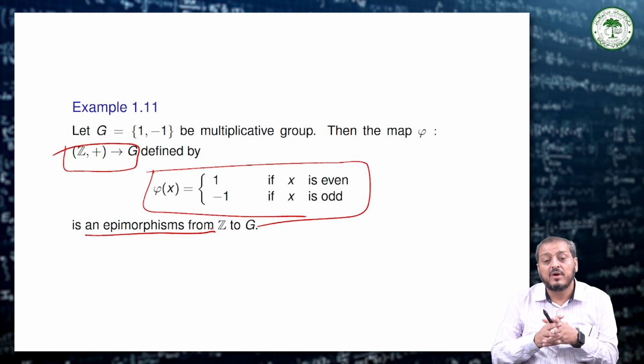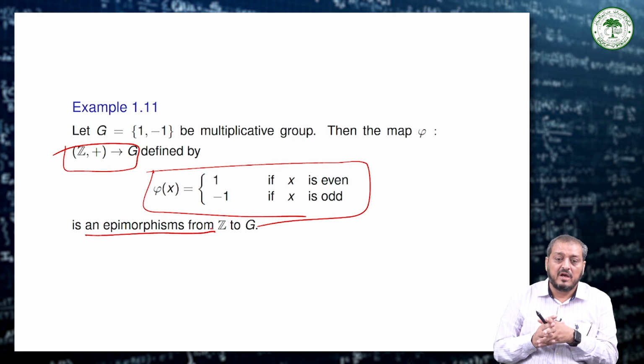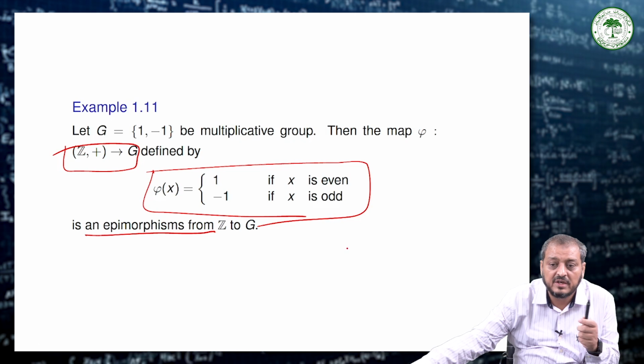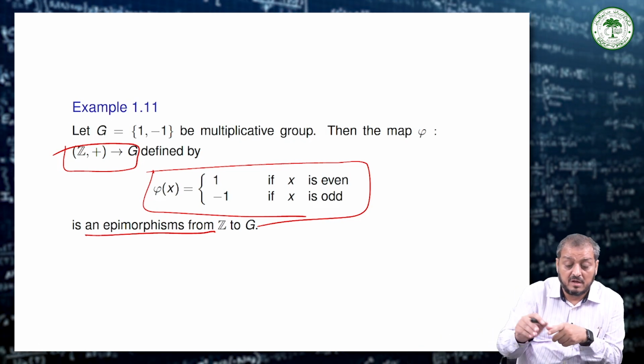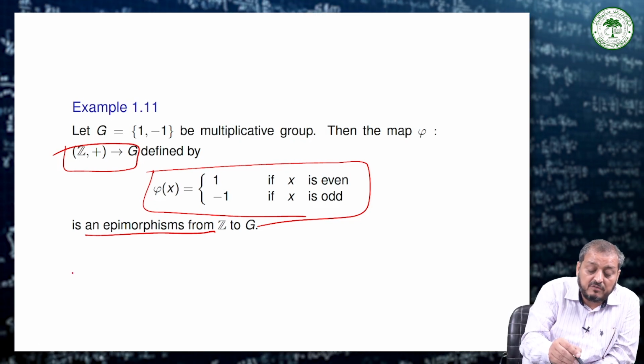Okay. So first we should try to show that this phi from Z to G is a homomorphism. We have different possibilities in this example, so we have different cases.